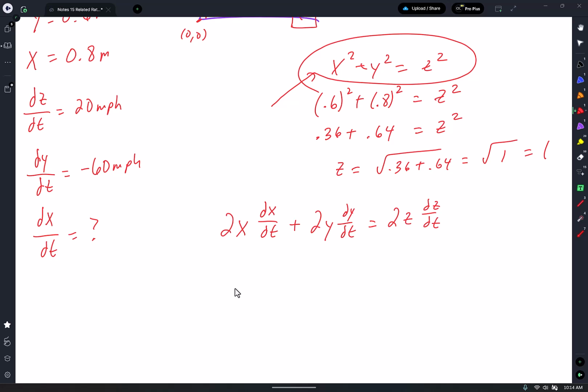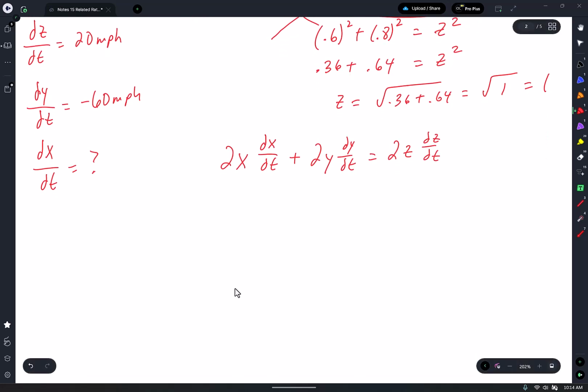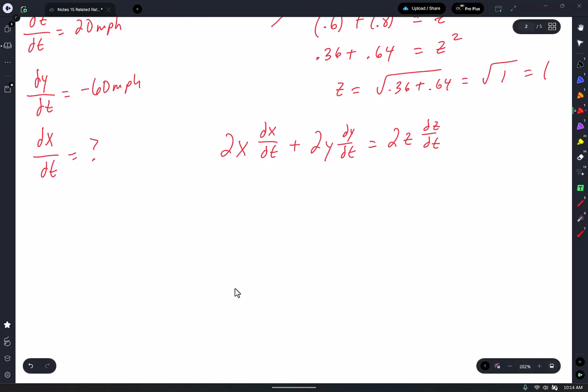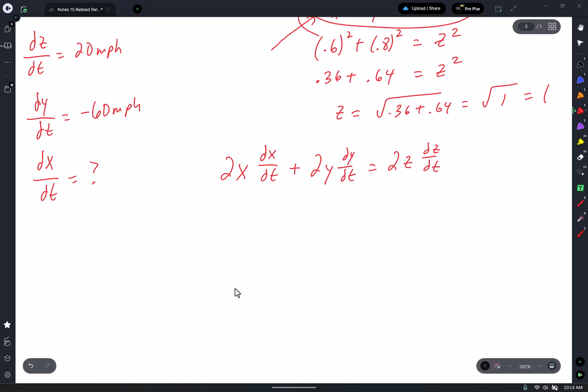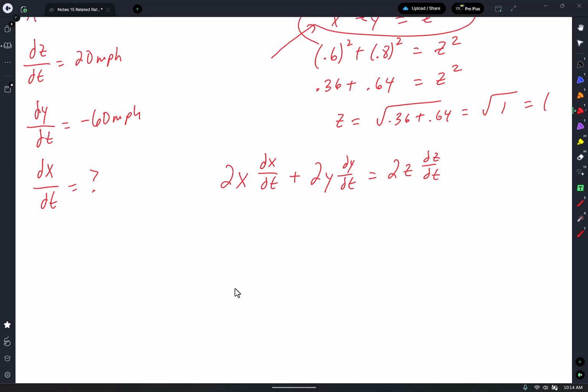The rest is algebra. I think, it is just my opinion. You guys tell me. What's up? I'm taking the derivative with respect to t. So why does it change to dy over dt? Because I take the derivative with respect to t. Is y a t? No. Is x a t?